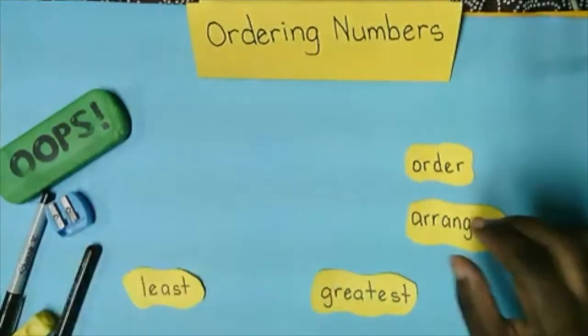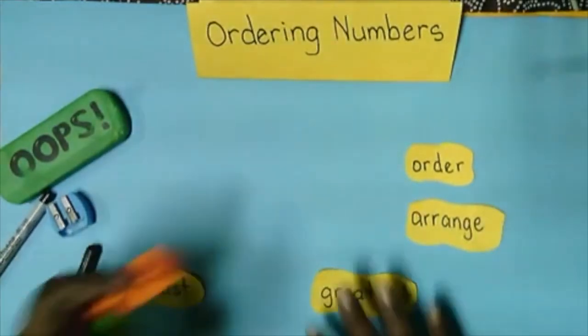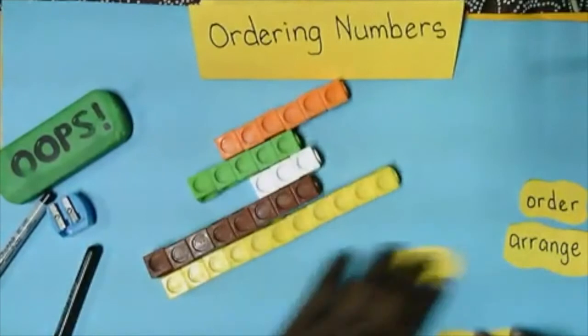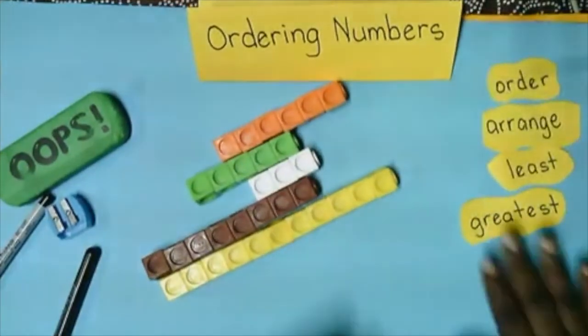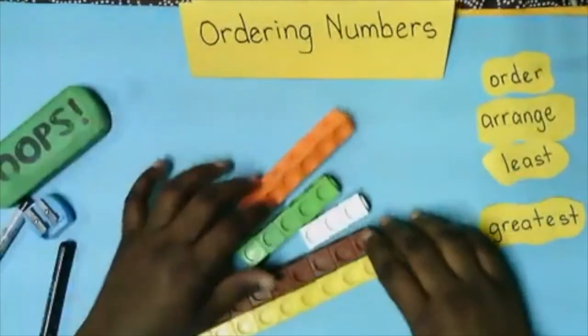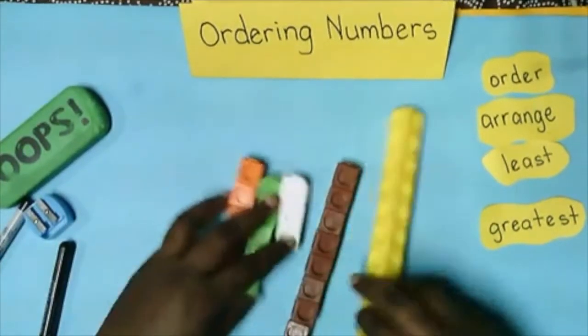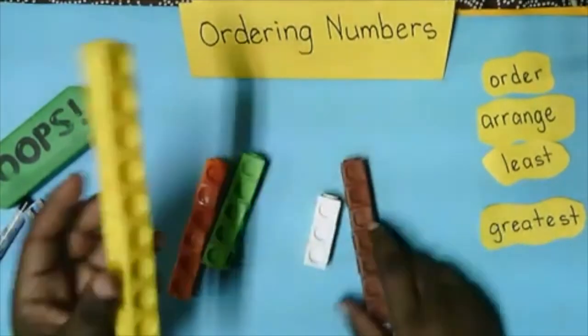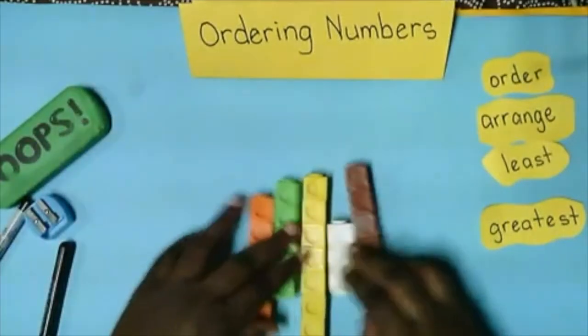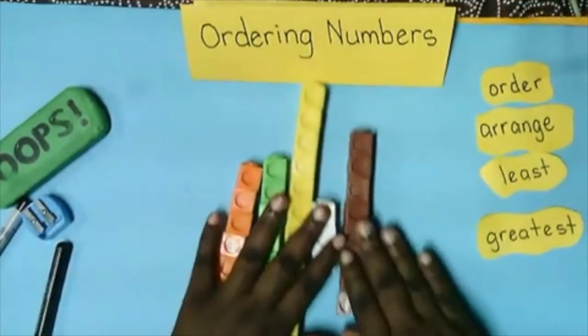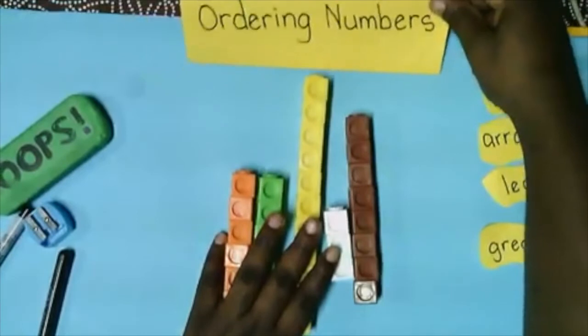Well, let me give you another example. You may see these a lot in math, these blocks. So I have these blocks. I have yellow blocks, I have brown, I have white, I have green, and I have them in particular amounts.